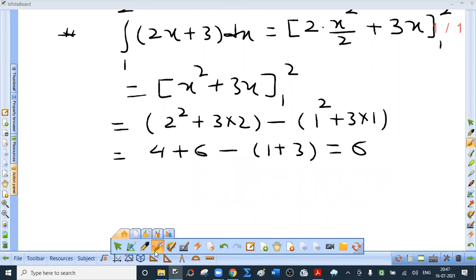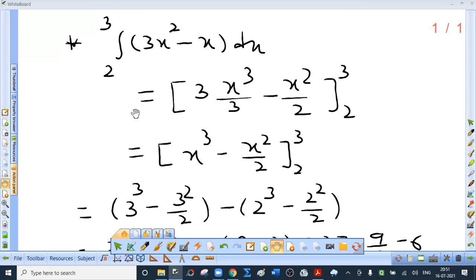Now you tell me what will be the value here. Integral 2 to 3 of 3x squared minus x. Type your answer in the chat box. Take your own time. Next one is integral 2 to 3 of (3x squared minus x) dx.